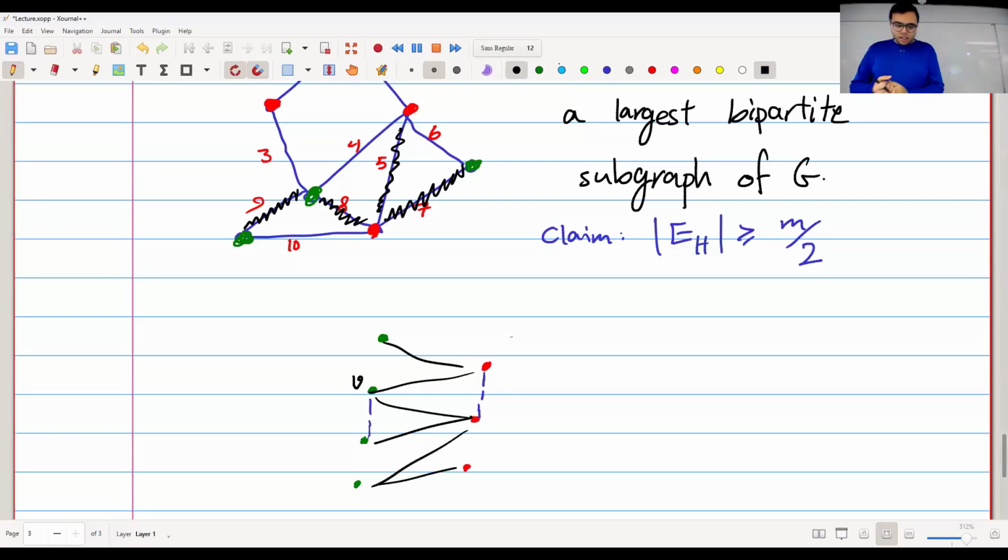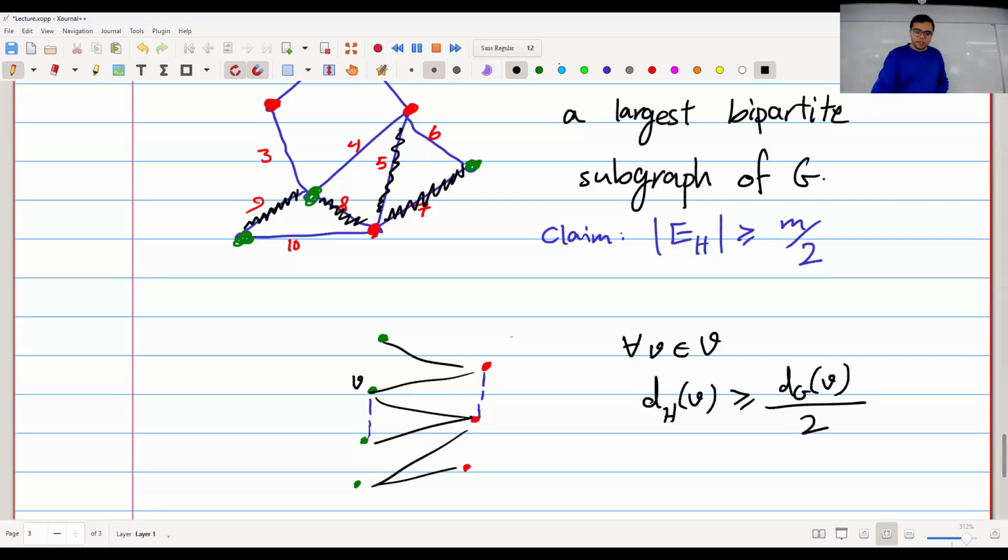Okay. Now, here's the thing about this. I say that for this vertex V, the number of edges that remain in H is greater than or equal to the number of edges that are removed. Or another way of saying this is that for every vertex V, the degree of V in H is at least the degree of V in G divided by 2.